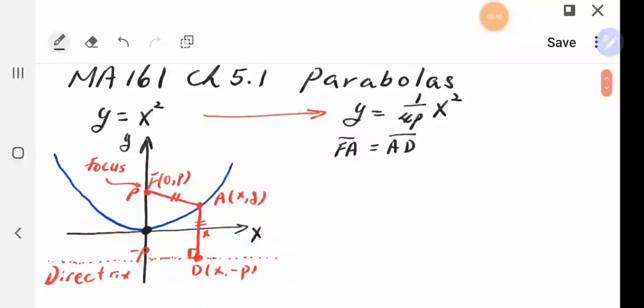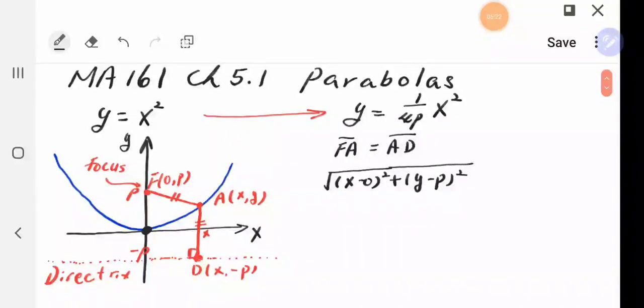Let's prove this. Basically, the length between the two points F and A should be equal to the length between A and D. Using the distance formula, the distance from F to A is the square root of (x minus 0) squared plus (y minus p) squared.